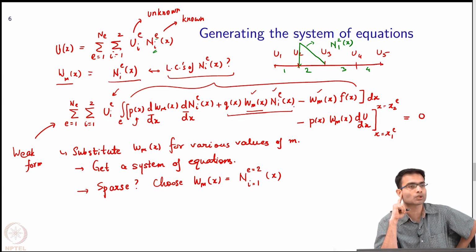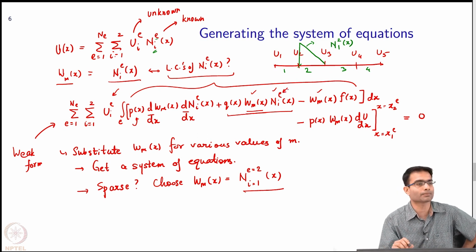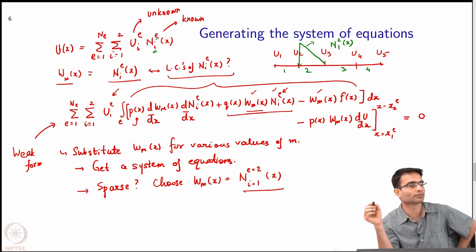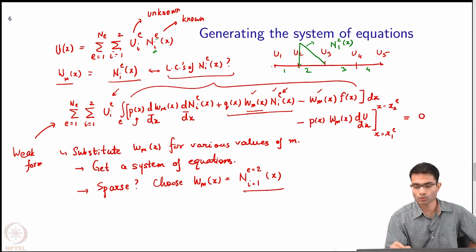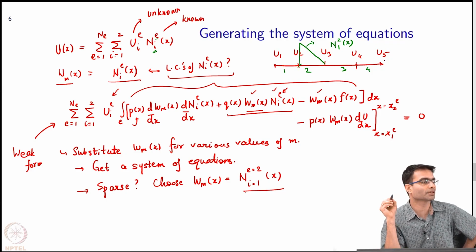It is only element 2, because this N I have chosen is non-zero only over E equal to 2, right? So if this E is summing over all the elements, and E goes to element 1, 3 or 4, what will happen? 0. Therefore, will U1, U4 and U5 appear in this? They will not appear. They get multiplied by 0.